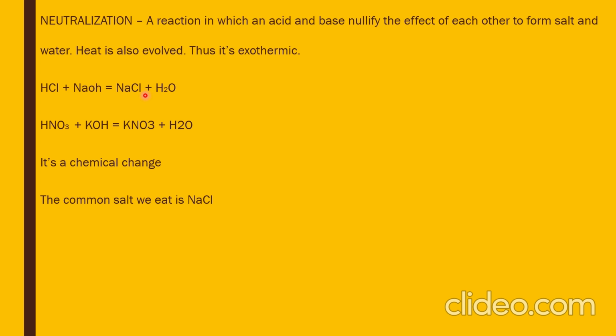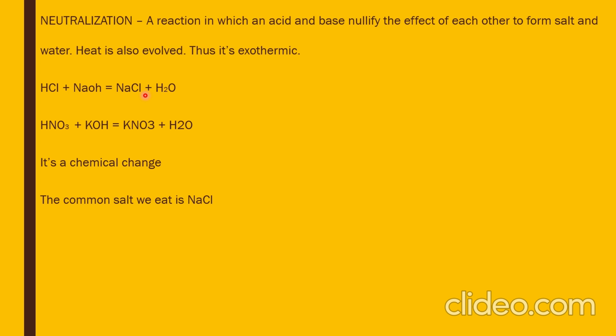Salt is nothing but a substance which is formed by this process. Even the common salt you use in cooking is formed by neutralization, and even water is evolved. Water is also a product. So acid plus base gives salt plus water. Heat is also evolved, thus it's exothermic.